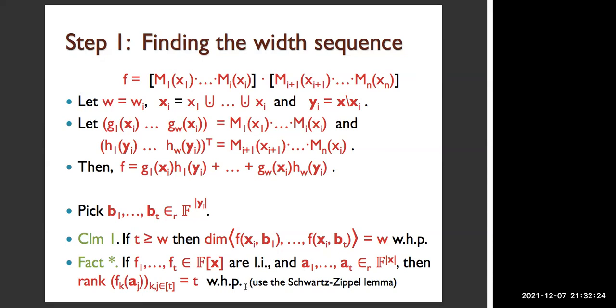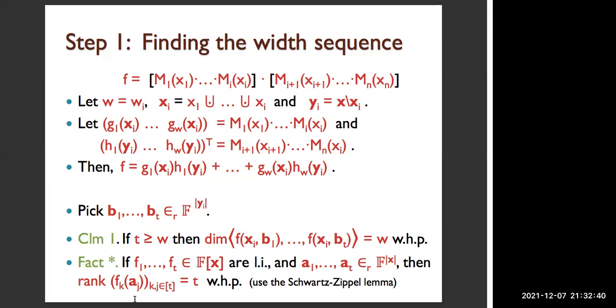This is an application of the Schwarz-Zippel lemma. If you pretend the a's are variables, then as a formal polynomial the determinant is non-zero, and hence it would remain non-zero if you pick a's randomly.